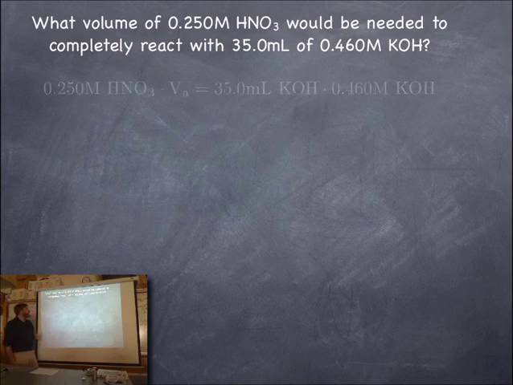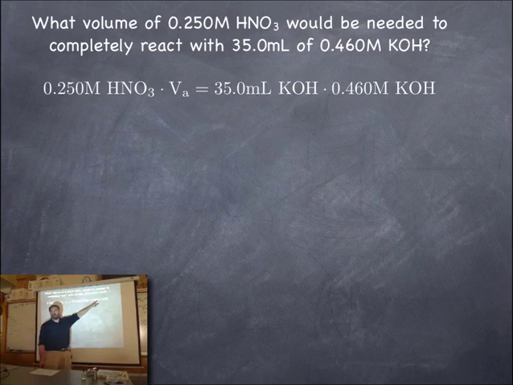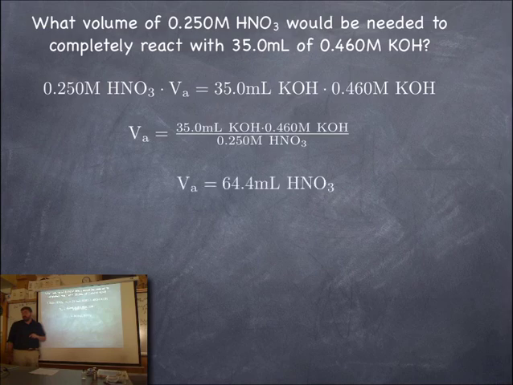I give you the volume of the base and the molarity. I also gave you the molarity of the acid, so I gave you 3 of the 4 variables in the equation: MA, VA, MB, VB. We need to solve for the volume, 64.4 milliliters.